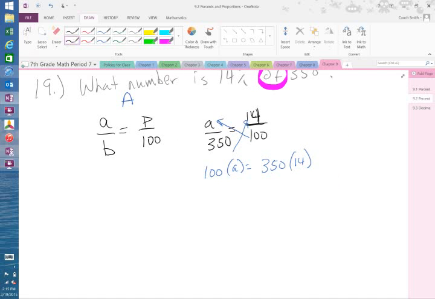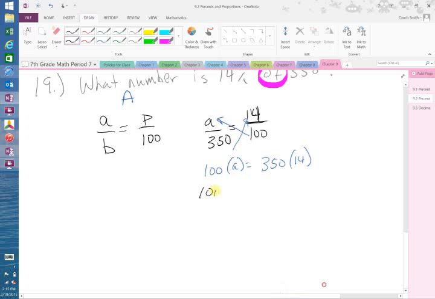So that's 100A is equal to, what is 350 times 14? 4,900. Let's see, that's going to be 3,500 plus 1,400, yeah, 4,900.